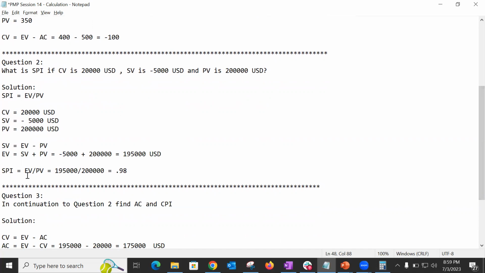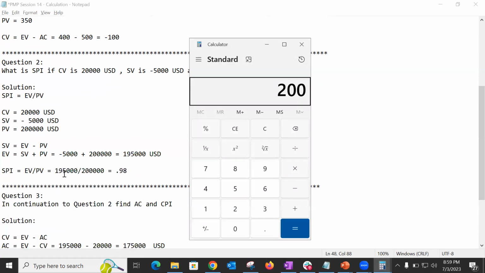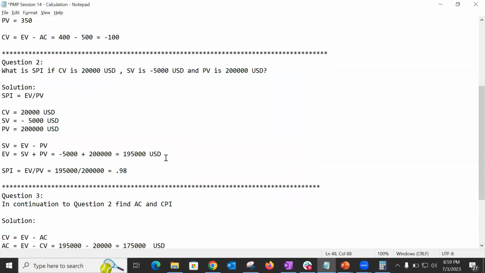If they remember the wrong one, like they think at that point in time it's PV by EV, and they calculate 2 lakh by 195,000, then the answer is 1.02. And in the multiple choice, one of the answers will be 1.02, and it will also say that at 1.02, the project is going very well, we are going ahead on the schedule.